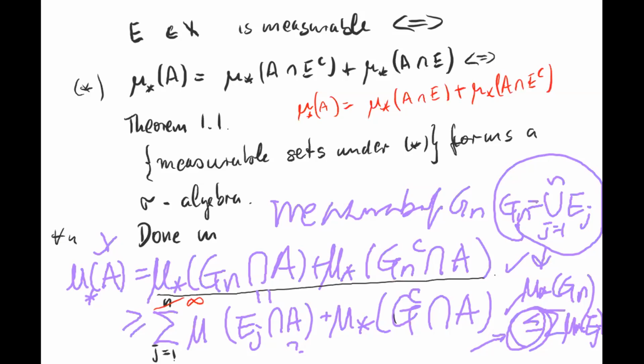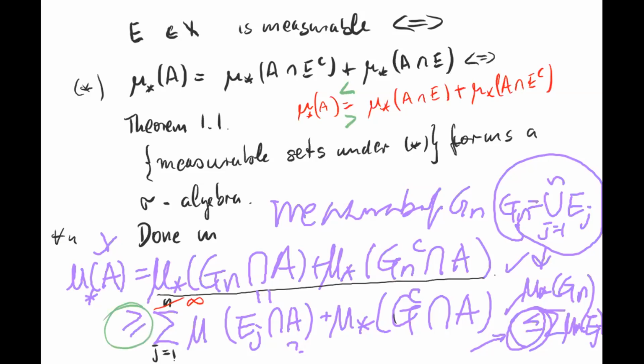So this direction is obvious. It's always there. And so all we have to prove is this direction to show equality. And that's what this does here.